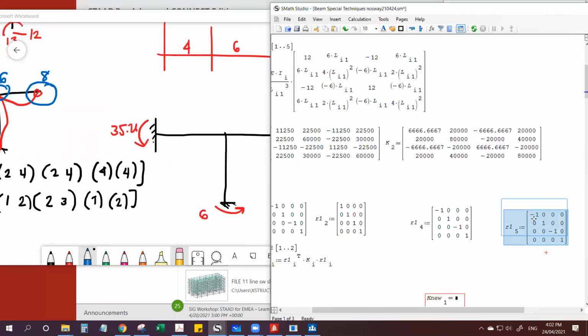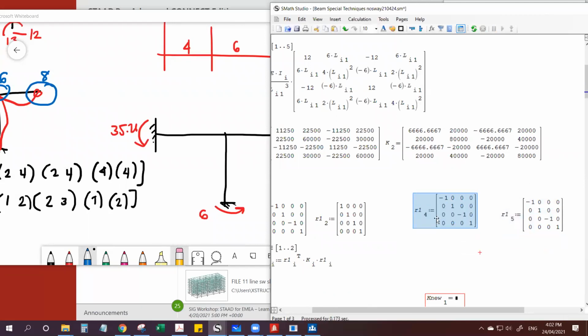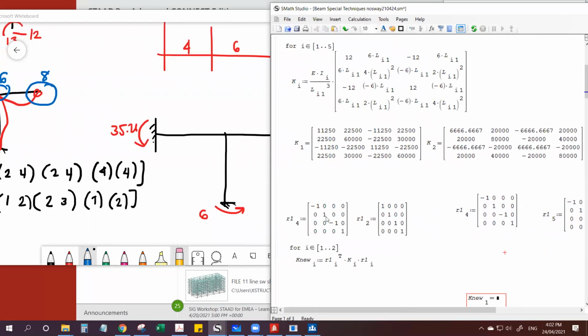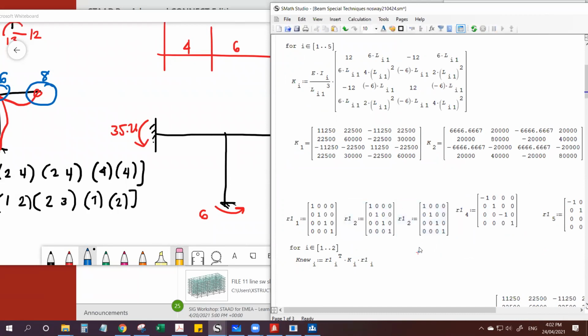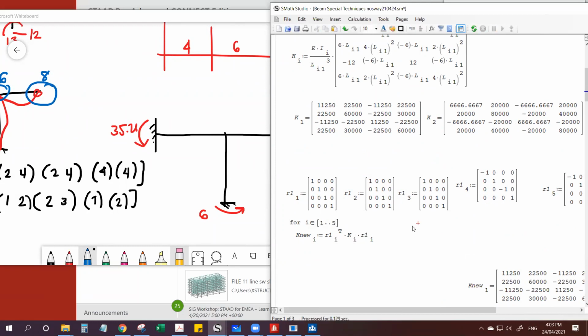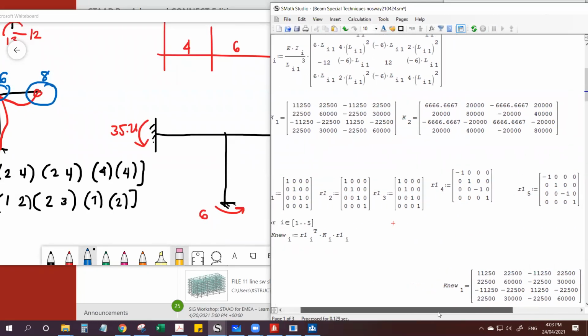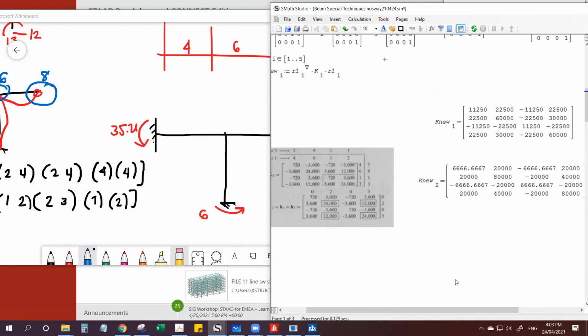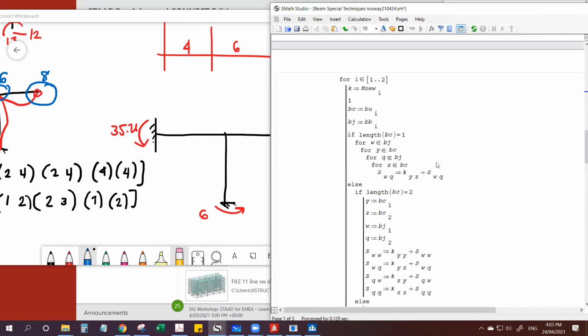These are the transformation matrices for columns 4 and 5. For girders, I copy this. Then I'll make this 1. Then R13 is also the same. That's it. Then I'm going to loop to 5. Okay. So we're done with our K.